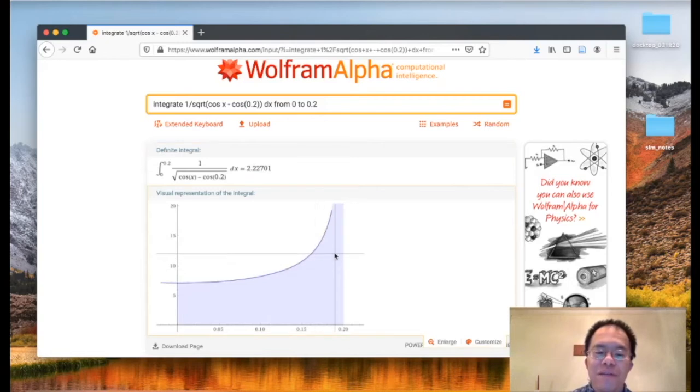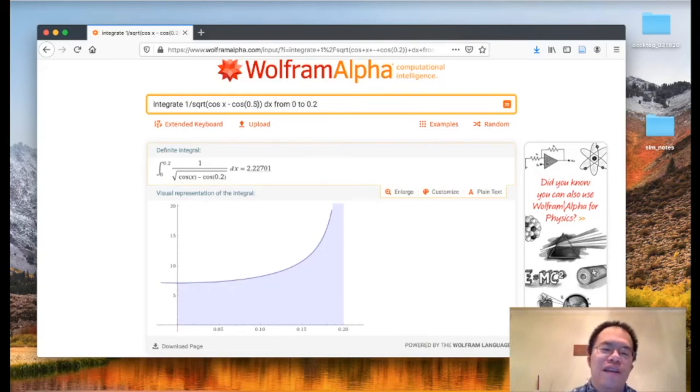This is a little bit misleading, because it's showing x or theta here, but remember that the result also depends on theta naught, and that's really the dependence we care about. Anyway, we can do this for different angles. I can do it for a bigger angle.